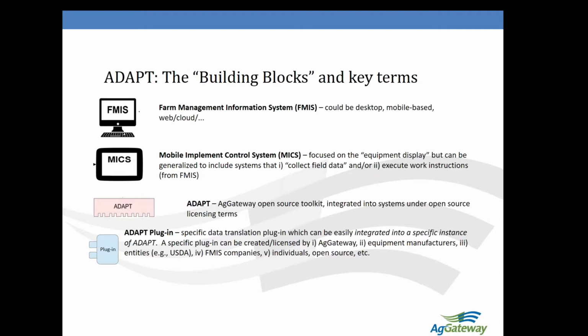ADAPT itself is an open source toolkit. It includes the framework. The key parts to ADAPT, including the framework, also include the plugins, right? So there's several plugins, one for ISOXML and several more for proprietary formats from companies in the industry, okay?